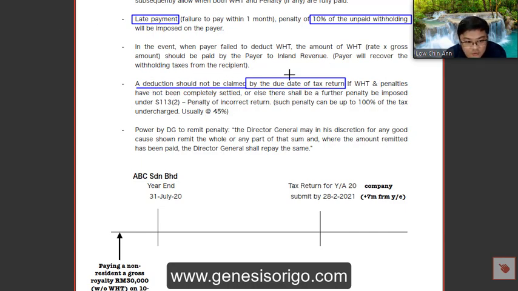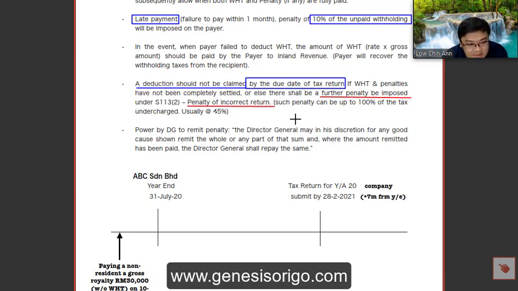But what if you're unaware of it? You are stubborn. You should not have claimed, but you went and claimed. Then you may get one more penalty, which is called penalty for incorrect return.